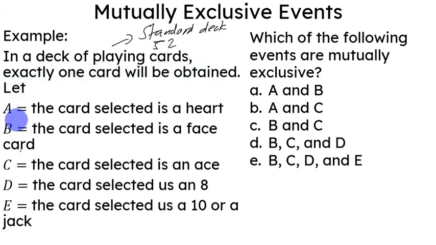We are given the following events. A: the card selected is a heart. B: the card selected is a face card. C: it's an ace. D: it's an 8. E: it's a 10 or a jack. The question is, which of the following events are mutually exclusive? Pause the video and try to see if you'll be able to differentiate which events are mutually exclusive, which ones are not.